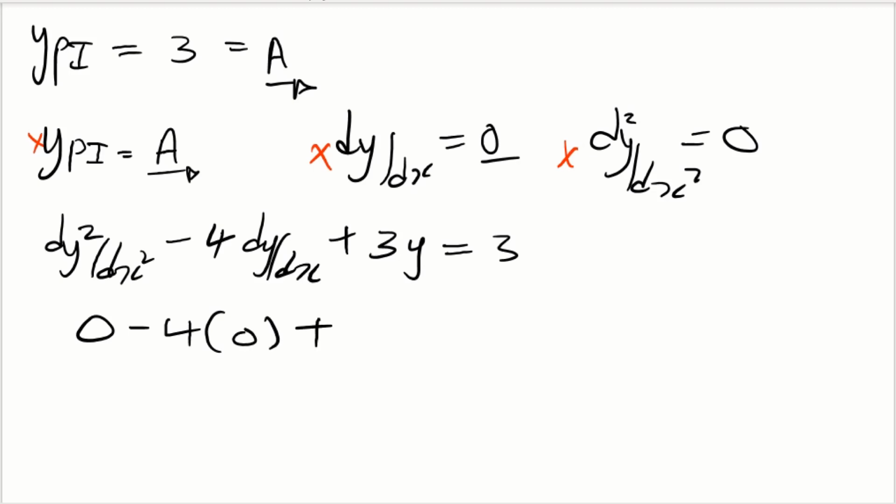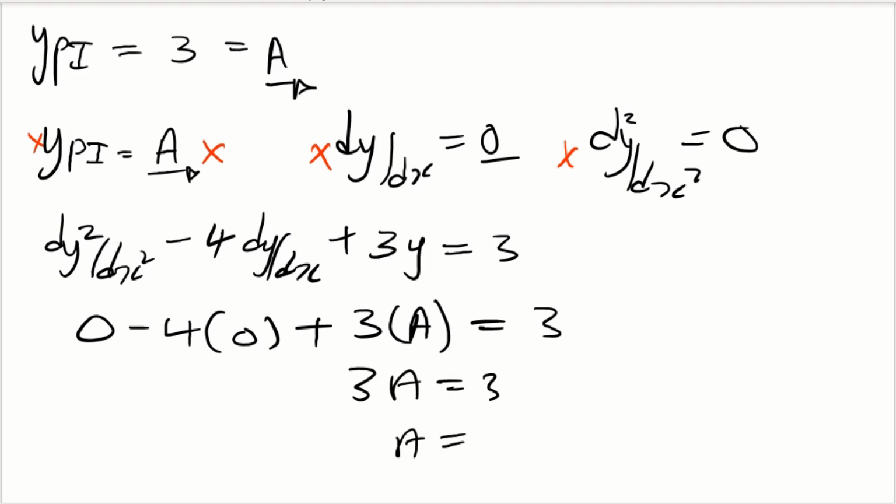plus 3 multiplied by, what is your y? Your y is a. So you say 3a equals 3. All the other terms will be 0, and then you get 3a equals 3. So you find your a will be 1 when you divide both sides by 3.